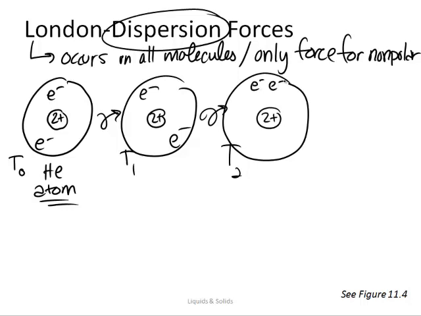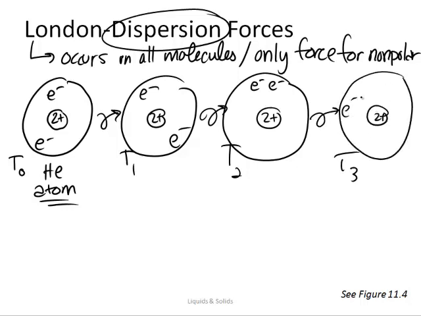Just for a second, and again, this only happens because random probability predicts that at some point in time they're going to be near each other. It certainly doesn't happen often, but probability tells us that it will happen at some point. And then again, sometime later, let's say t3, those electrons are randomly distributed again.